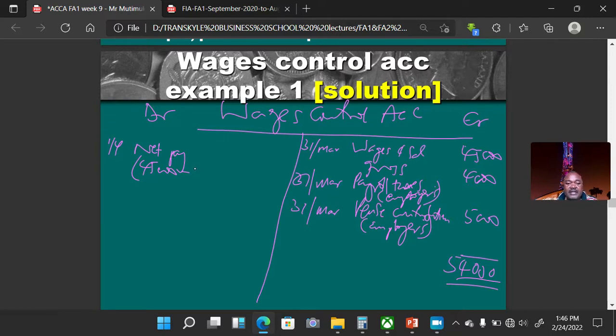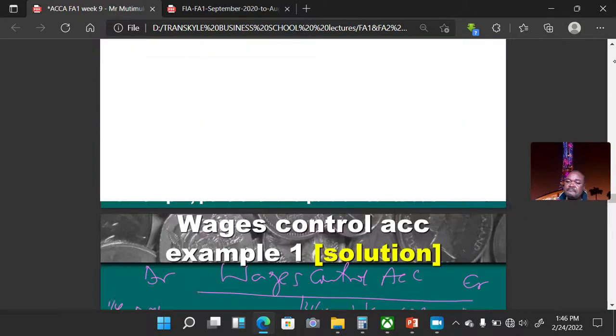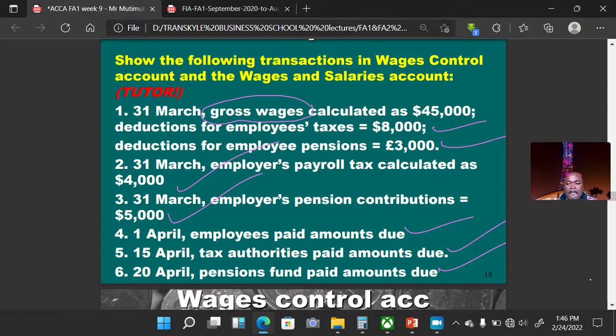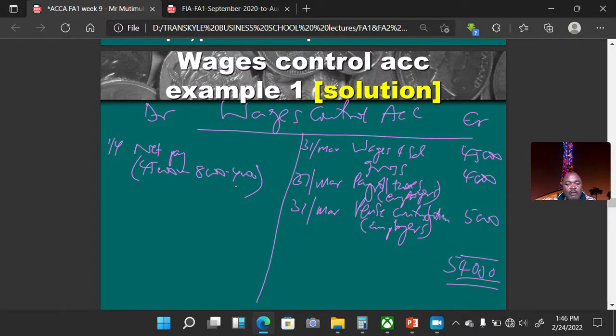That's 8,000, minus 4,000. So how much are we left with? 45,000 minus 12,000, which means we'll be having something like 33,000.